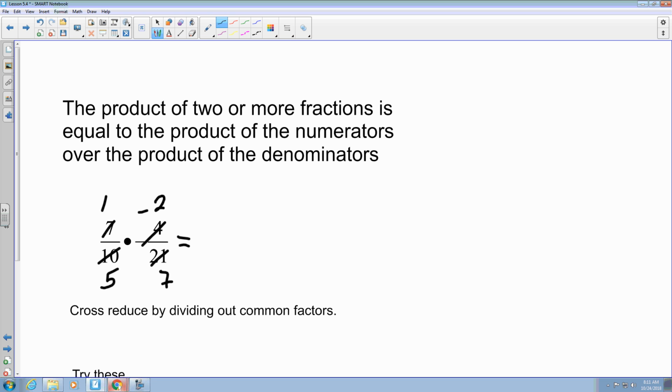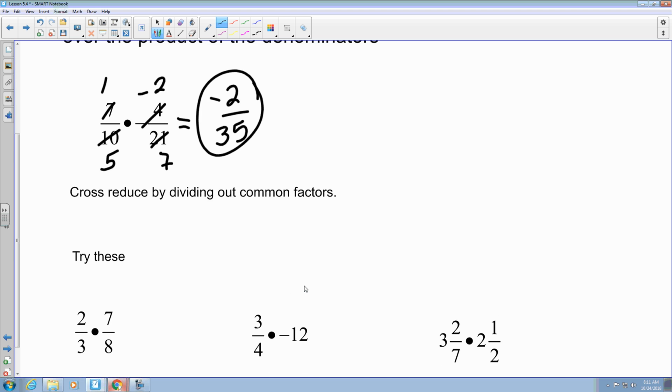From there, we can multiply across: 1 times negative 2 is negative 2, and 5 times 7 gets us 35. It's already reduced. You certainly can multiply it across and then reduce from there, but this is just another way.